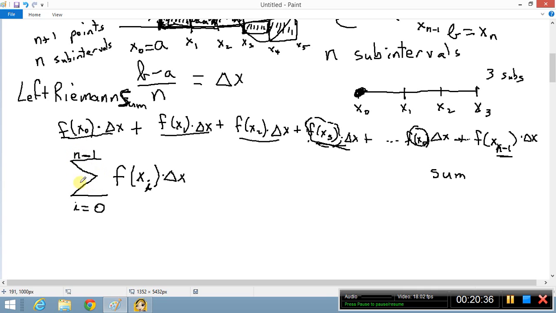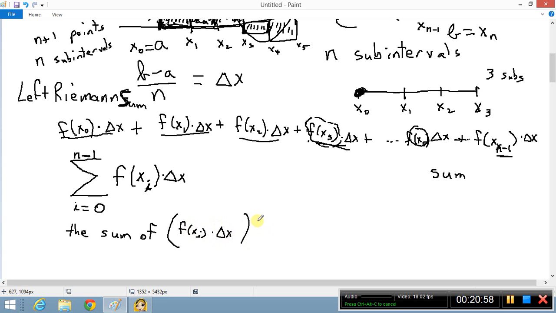So in English we read this as the sum, or the summation, if you want to get fancy, the sum of, and then whatever it is that you're adding up. And these are products, f of x sub I times delta x.